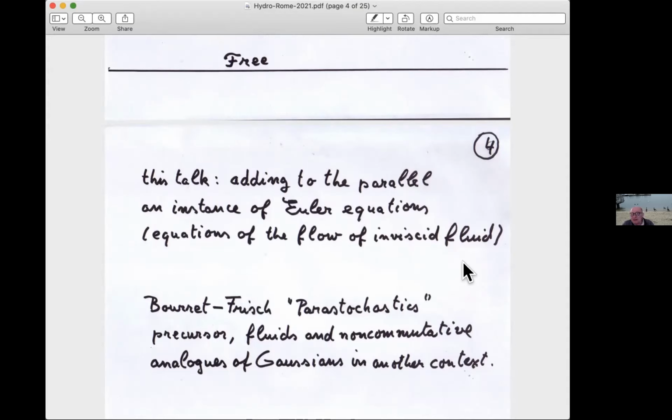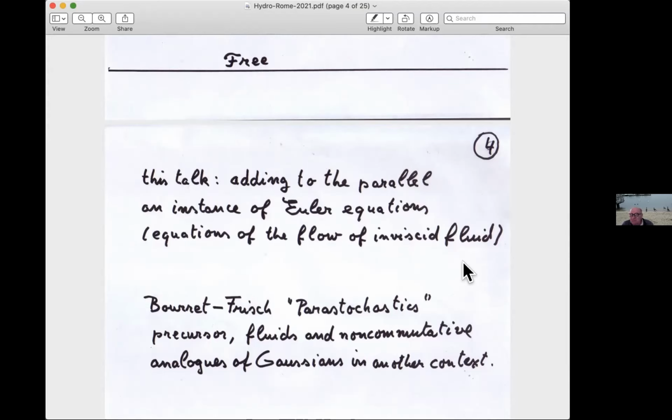There is a paper by Bourret and Frisch called Parastochastics, where, on other questions about fluids, by analogy, they introduced a lot of non-commutative analogs of Gaussians. You find there the beginning of the Q-deformed non-commutative Gaussians and such things.